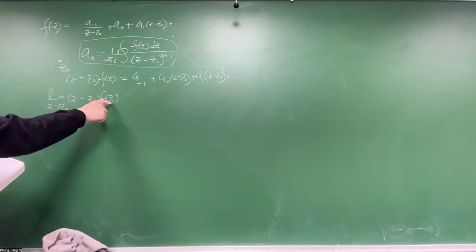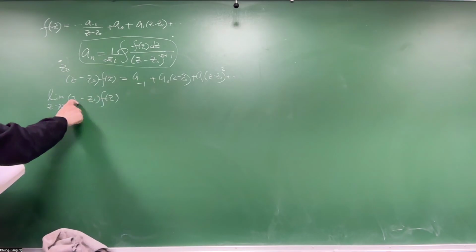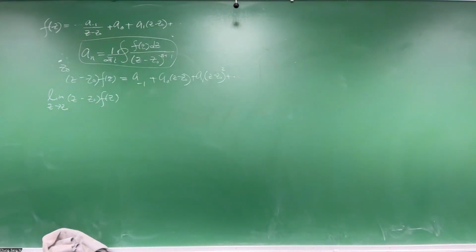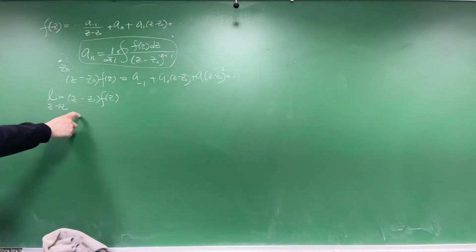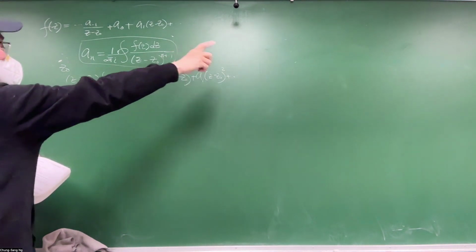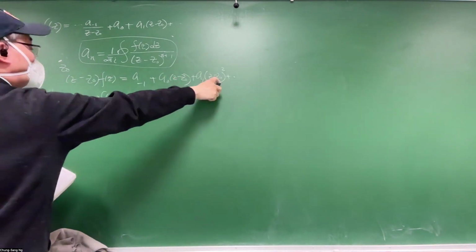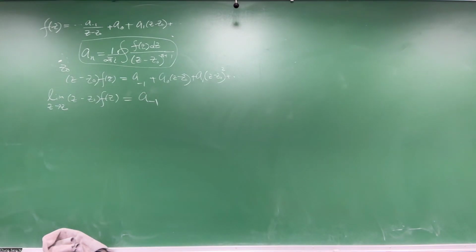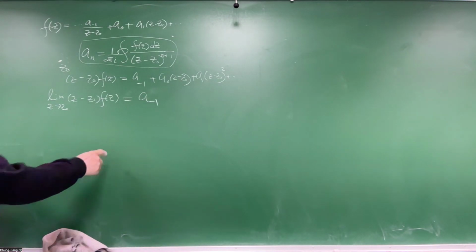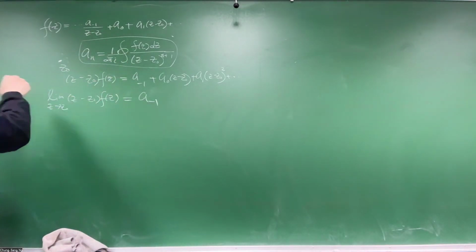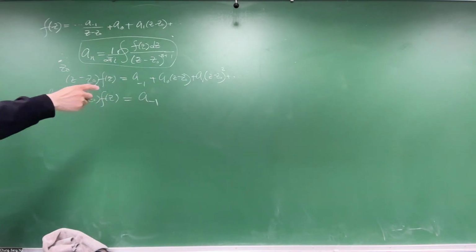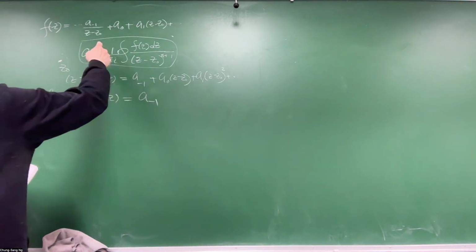Because this is singular, and the singularity is 1 over z minus c sub 0, that's supposed to cancel this one, but in a limit sense, when you take a limit, the right-hand side is fine. You just substitute z equals c sub 0. You kill all these terms. That's quite straightforward. That's just a simple pole.